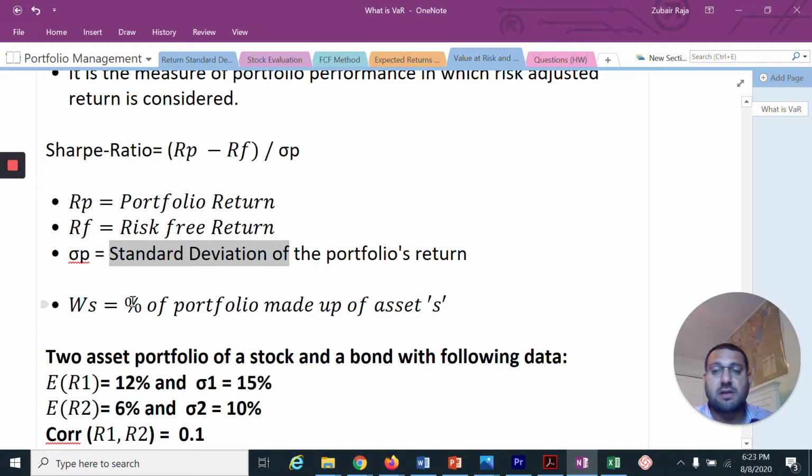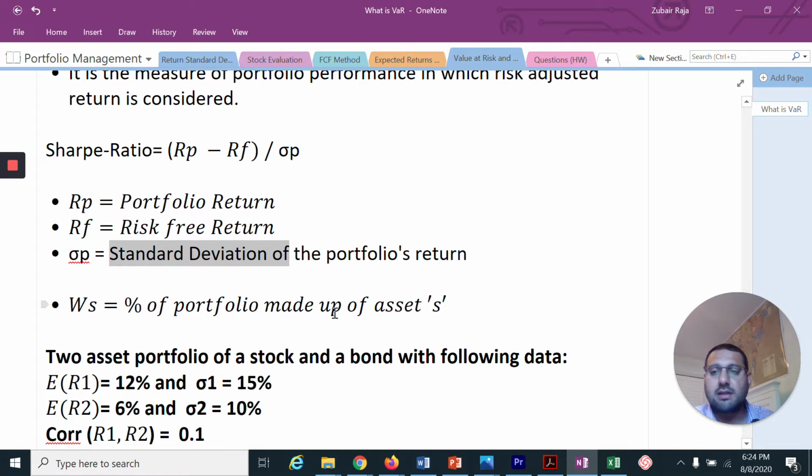WS means the percentage of the portfolio made up of asset S, like how much percent of the portfolio is in the asset S. So if there is a portfolio consisting of two assets and there is an asset X and the total amount invested in the portfolio is 1,000, and if you have invested only $300 in asset X, which is a part of the portfolio, it means that the percentage of the portfolio in that asset X is 30%. So the weight in terms of decimal is 0.3.